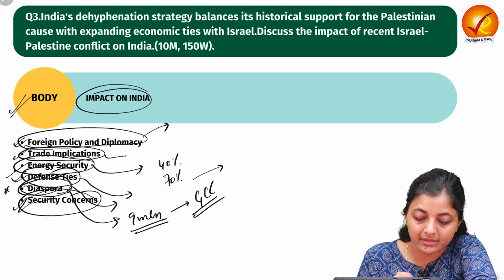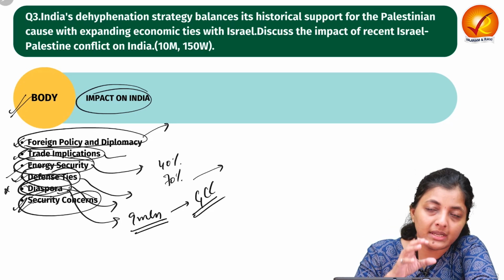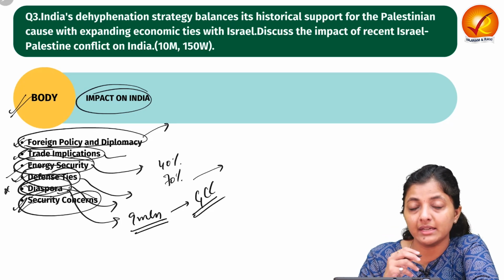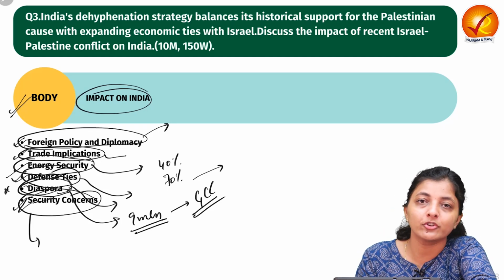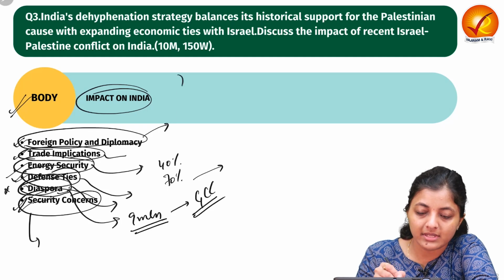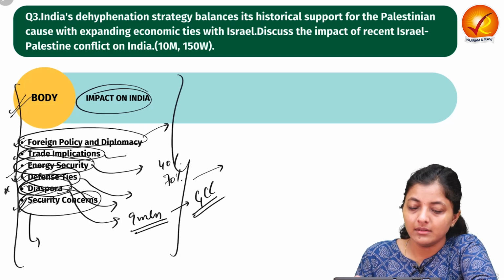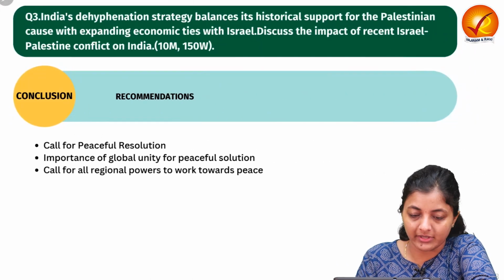Next is security concerns. An unstable Middle East or West Asia region has negative implications for India related to terrorism and security concerns. So this way we have seen the implications on India due to this conflict.